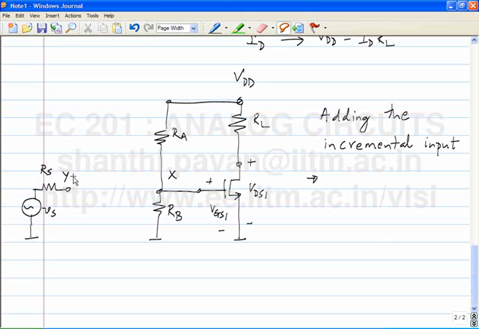The simplest thing is to add a battery of value VGS1, then this potential is the same as this potential. So this potential Y dash is the same as the potential at X.